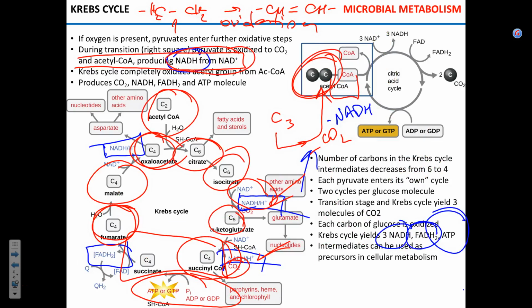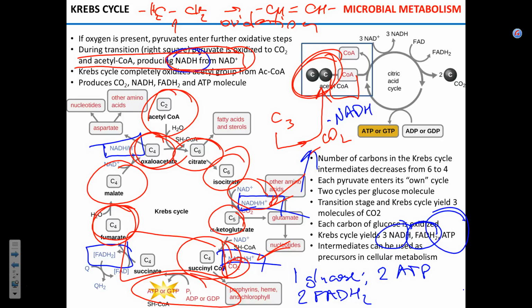Which means that for one molecule of glucose, the Krebs cycle stage will yield how many ATPs? 2 ATP. How many FADH2? 2 FADH2.